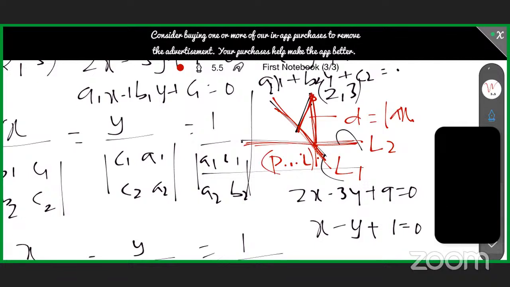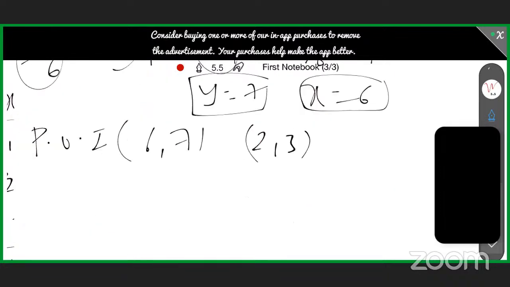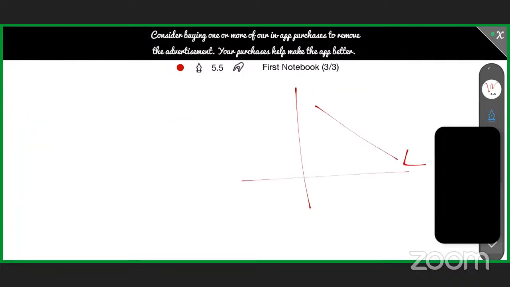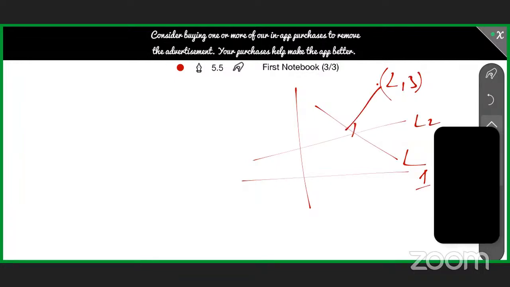If you want, I will draw this once again. So, what they are telling is, this is my line. Let us take it as L1, and point 2, 3. And there is one more line, L2. So usually this is how we used to find. We used to find the perpendicular of this line.